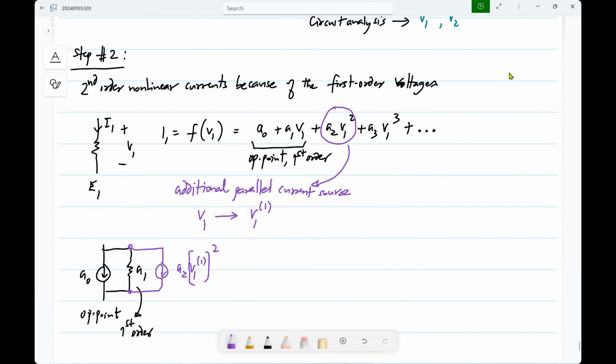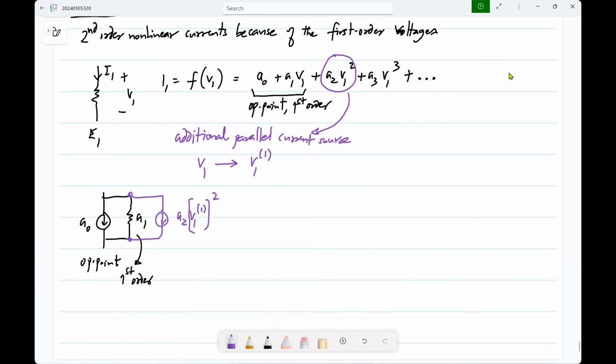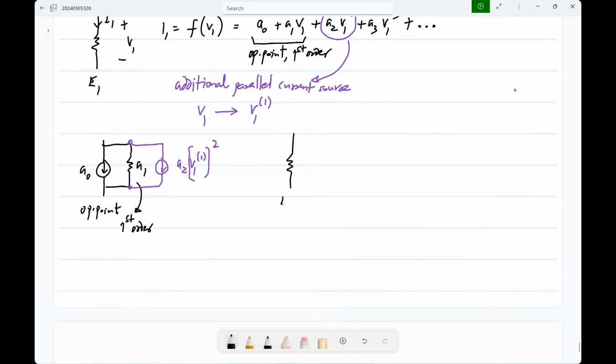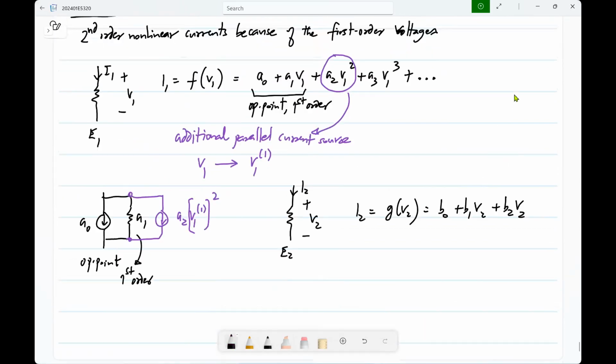And to do it for the second element also. So the second element, I2 would be represented as g of V2, which is, let's say, B0 plus B1 V2 plus B2 V2 square, and so on.